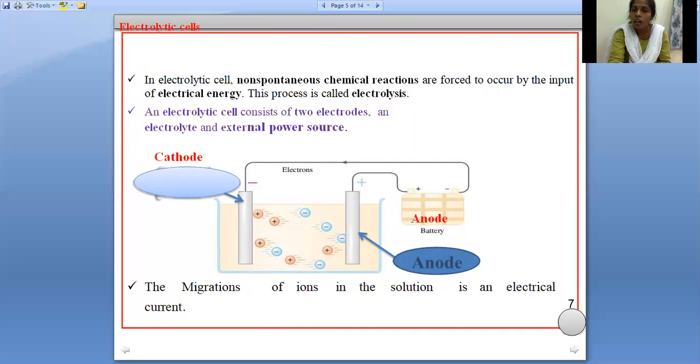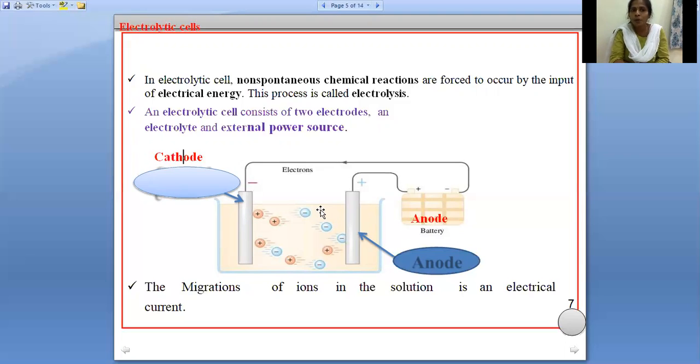After passing the electricity, what happens? The electrolyte, whatever electrolyte we are taking, starts decomposing. When the electrolyte decomposes, it gives cations and anions. This cation moves to one electrode, and the anion moves to another electrode.